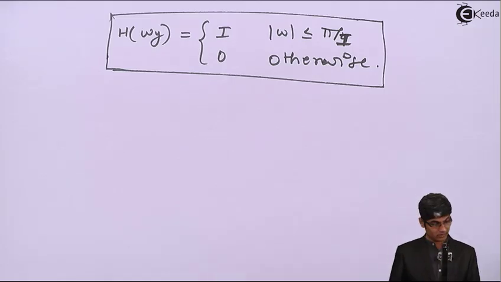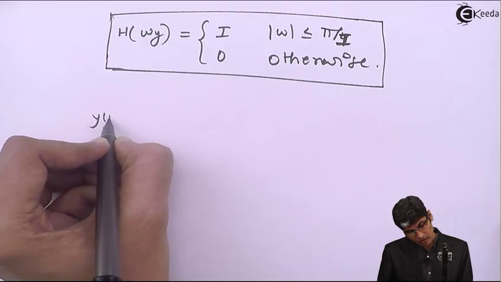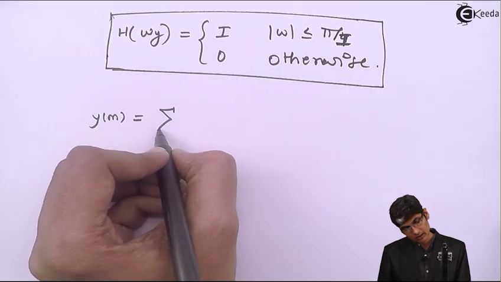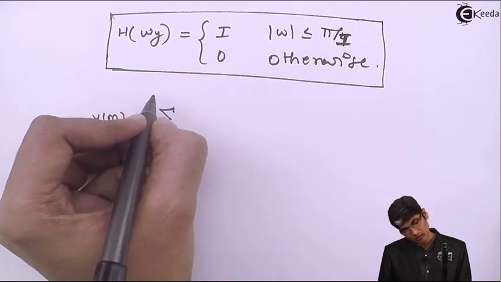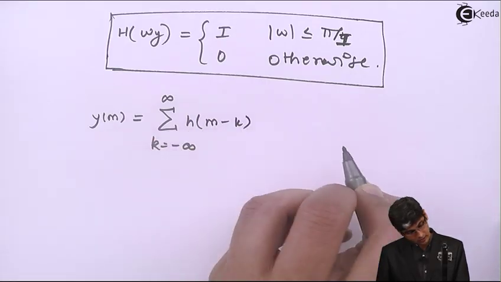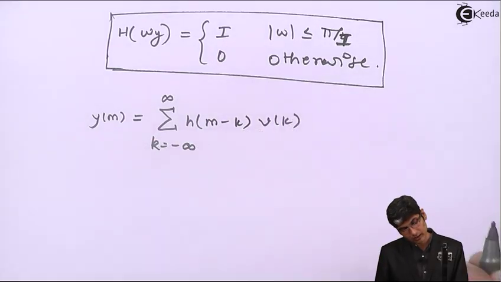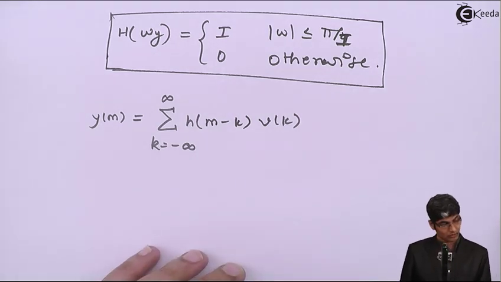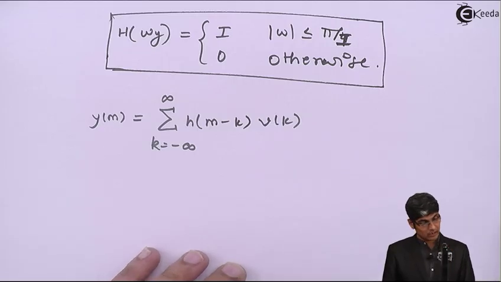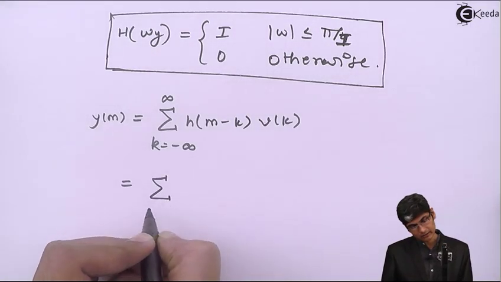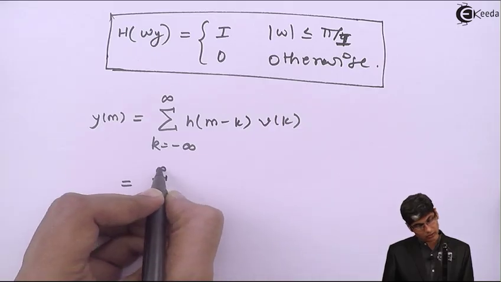So in terms of time instances, I can write y of m equals, in general, nothing but the convolution of h of m minus k into v of k. Okay, and we know that v of k only exists at multiples of I instants. So this convolution will be valid for k from minus infinity to plus infinity.